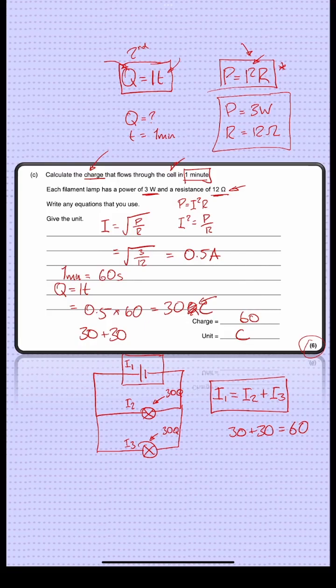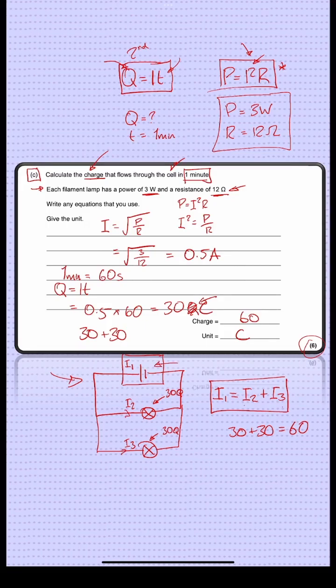So let me explain one more time from the beginning. We had 2 equations. The first thing we did, we got the information for each lamp. This is a part C question, so it carries on from the last question that we did. Last question, we had this circuit and we said the current here and the current here added together, the I2 and the I3 added together gives you I1.